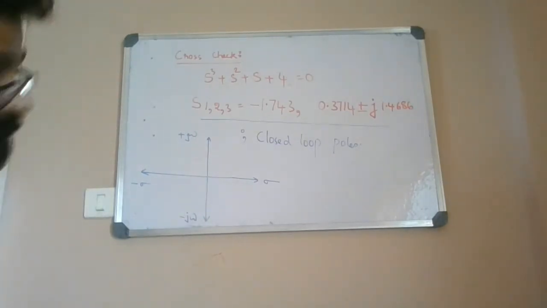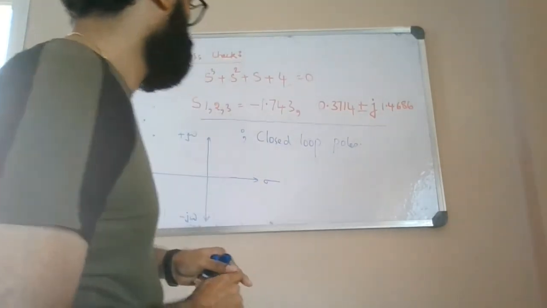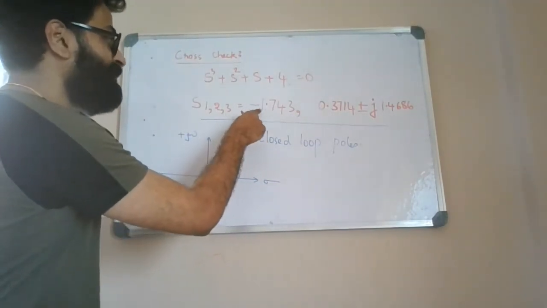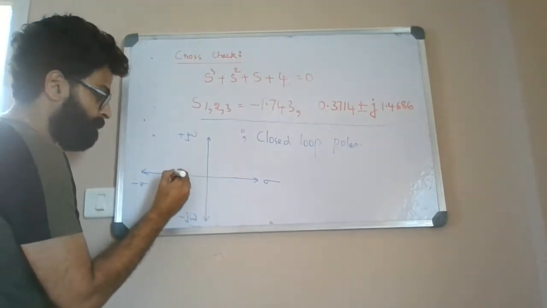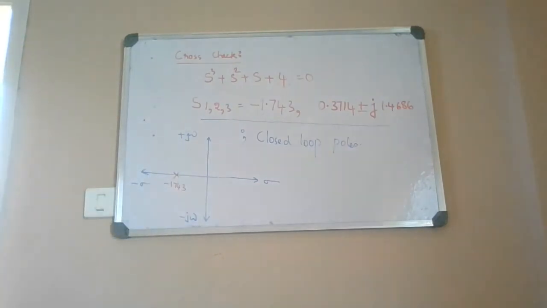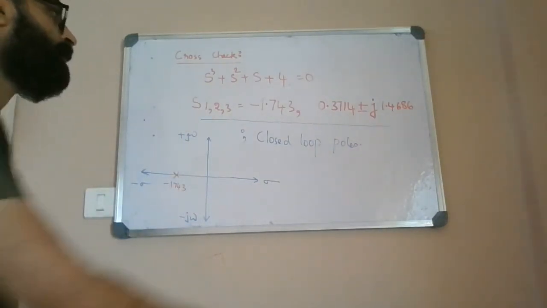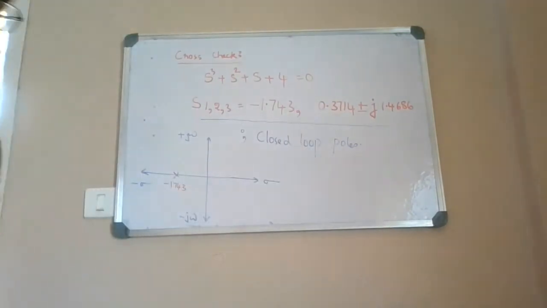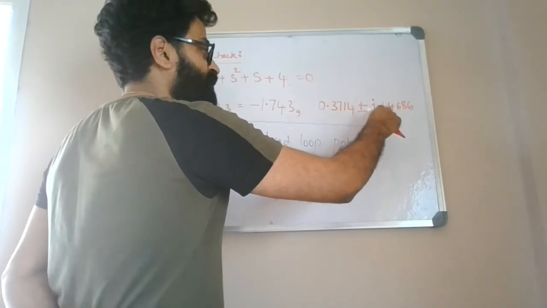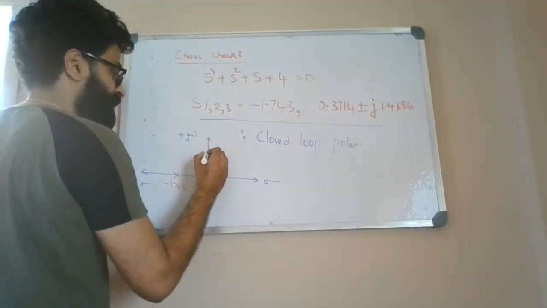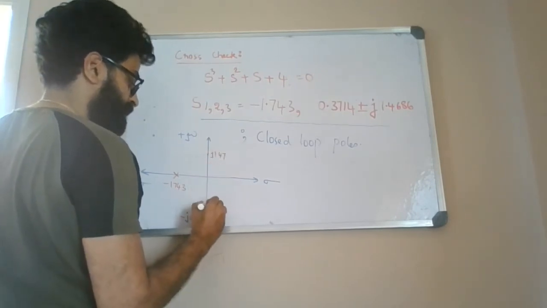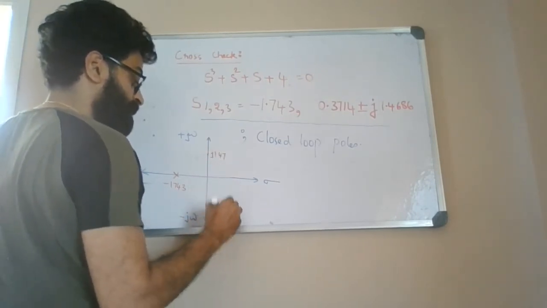Okay, so let me place these poles. My first pole is located at minus 1.743, which is the LHS of the S plane. What about my two poles? Where is their location? The imaginary part is plus or minus j 1.47, you can say. So j 1.47 and minus j 1.47.